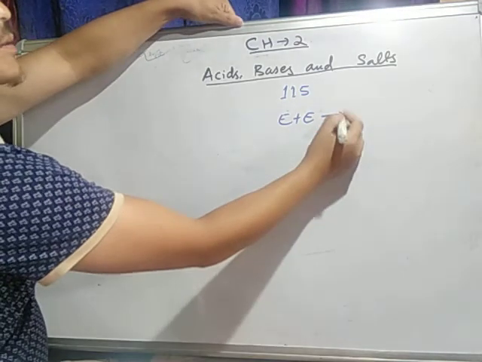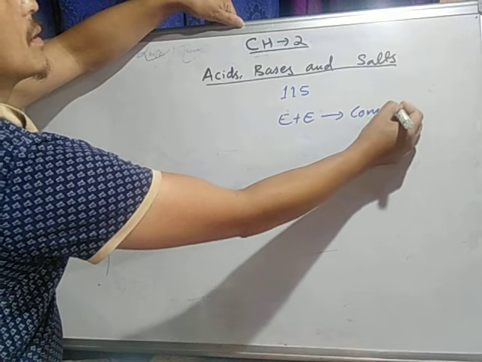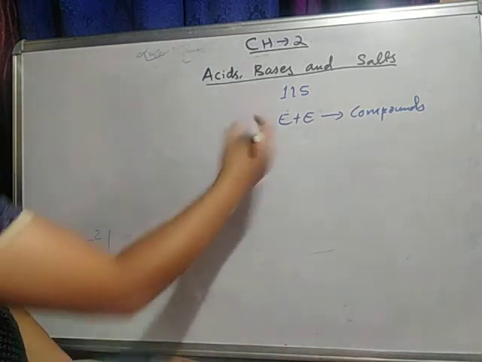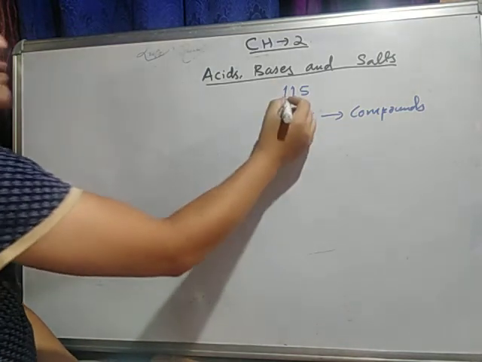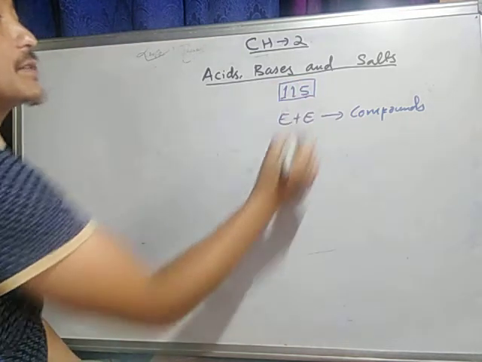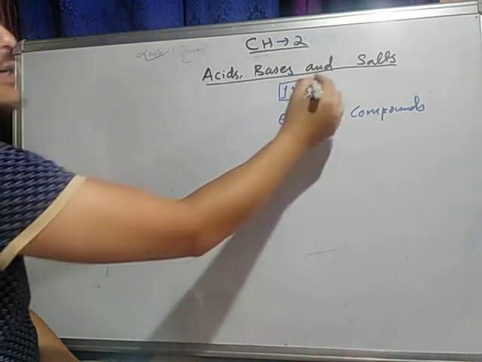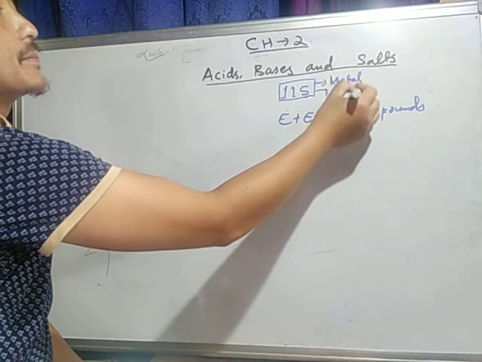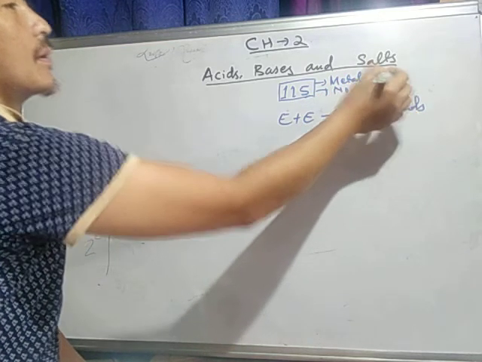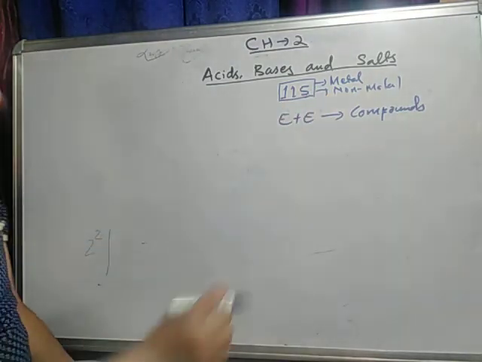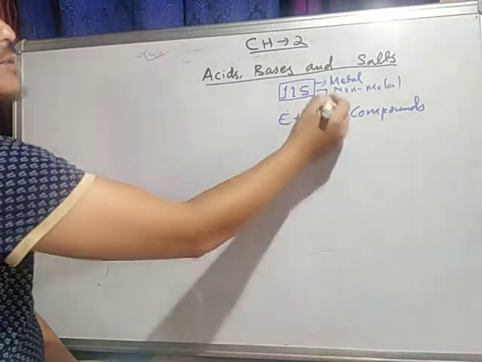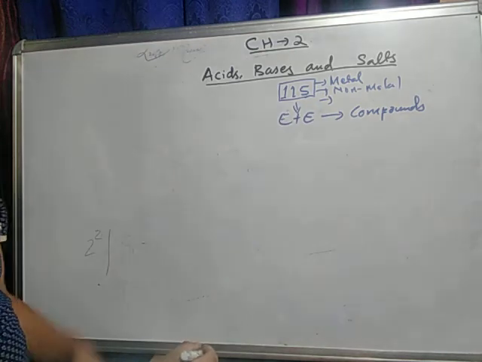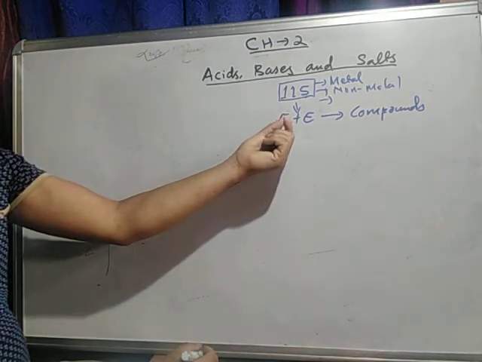They form compounds. As you also know, among these 115 elements you categorize them as metal, non-metal, and in class 9 you studied this, gas, noble gas.